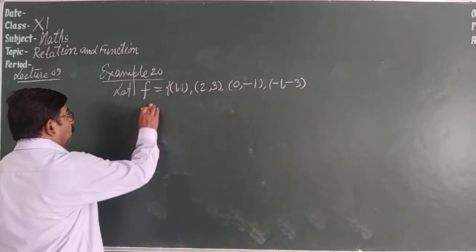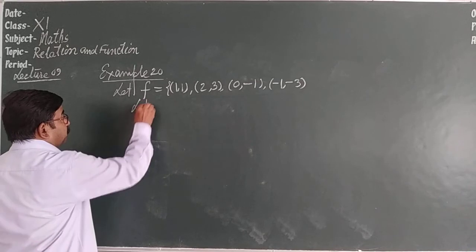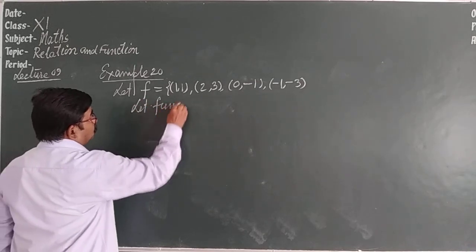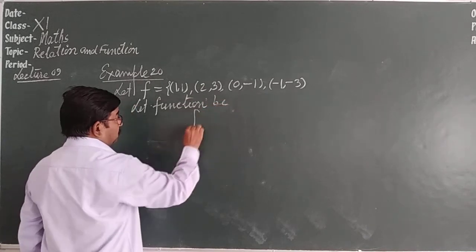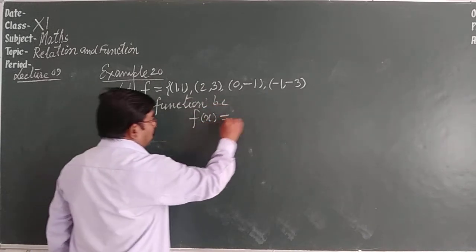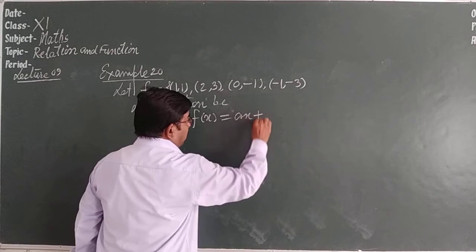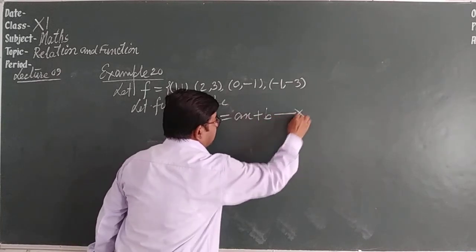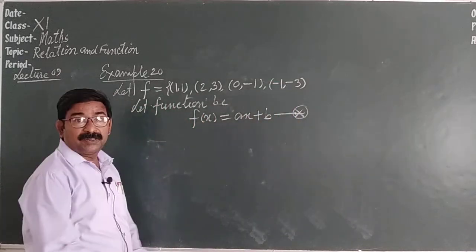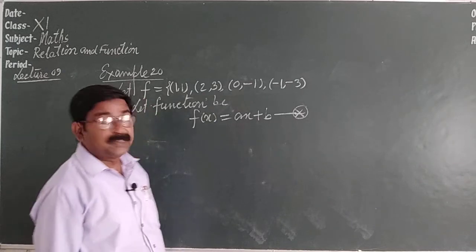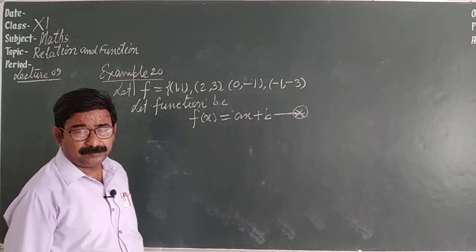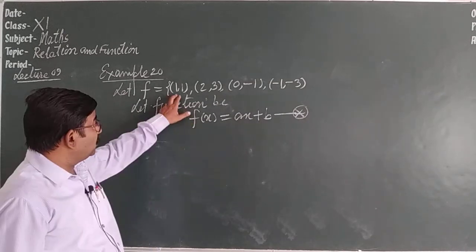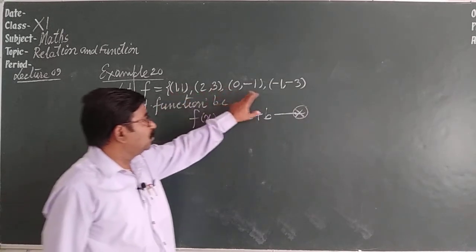So how to solve? Let the function be f(x) = ax + b, because it is a linear function, its degree is 1. Now try to understand these ordered pairs: (1, 1), (2, 3), (0, -1).